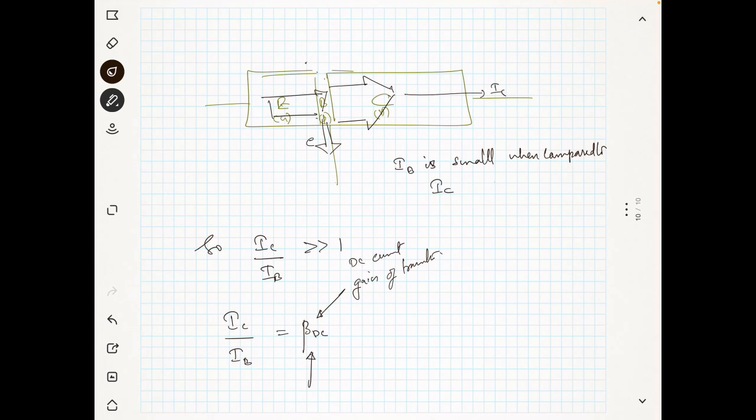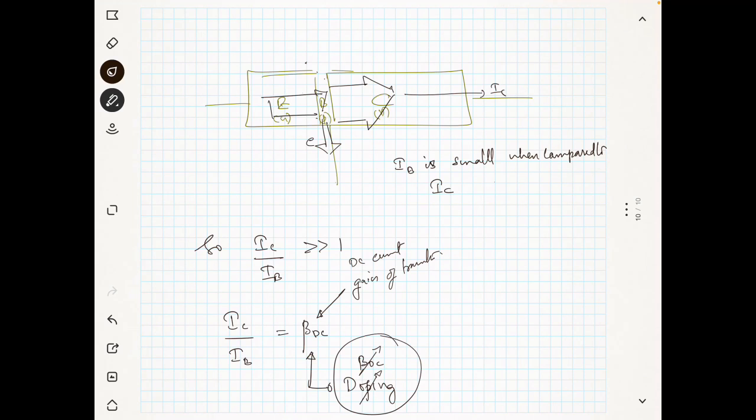It can be controlled by changing the doping. In the market, different varieties of transistors are available with different current gains, so according to your application, you can choose one. If you want to change beta DC, then you have to change the doping. That is the main point, okay.